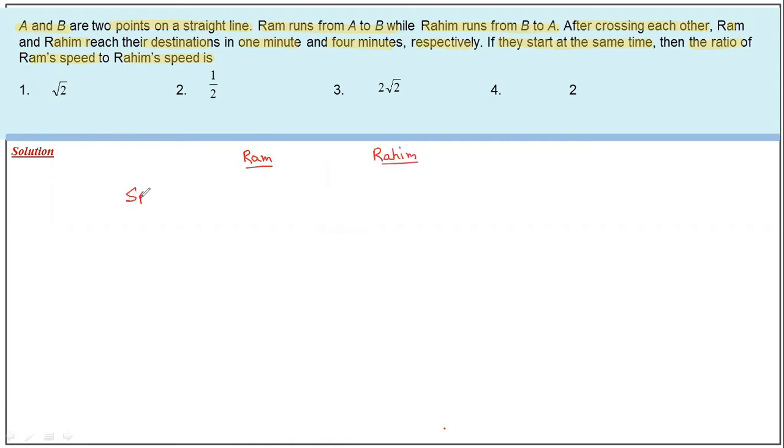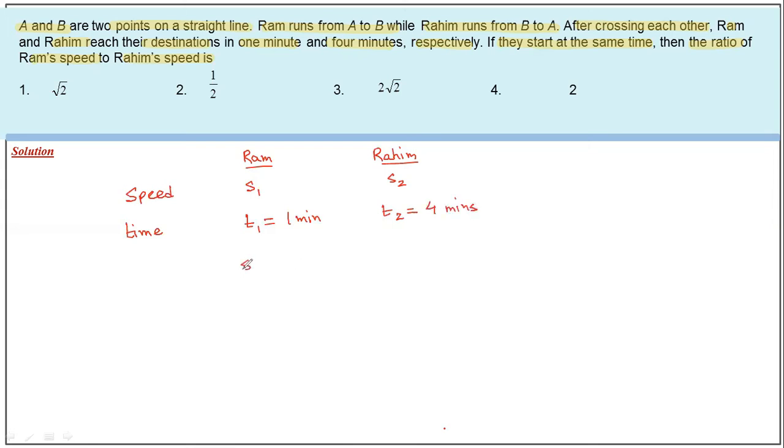Okay, so let speed of Ram be S1 and speed of Rahim be S2. Also time taken to reach their destination after they meet, let's say this is T1, which is given as 1 minute, and T2, which is given as 4 minutes.